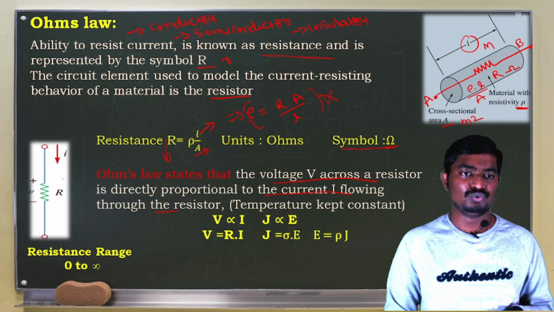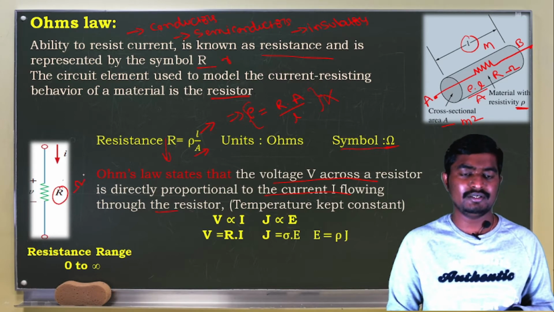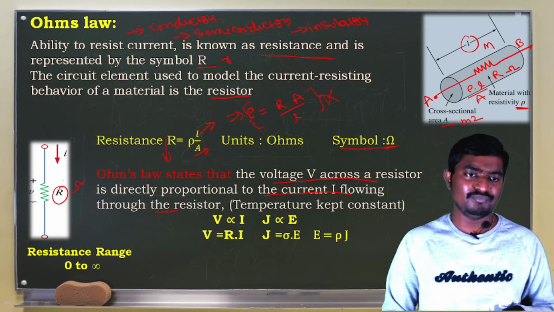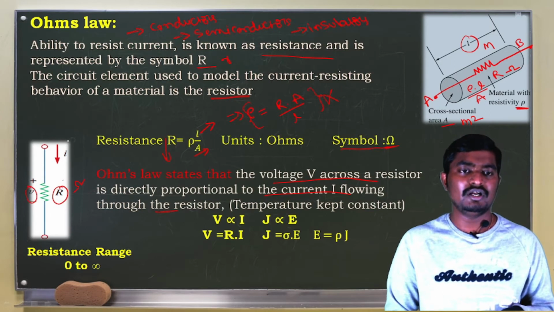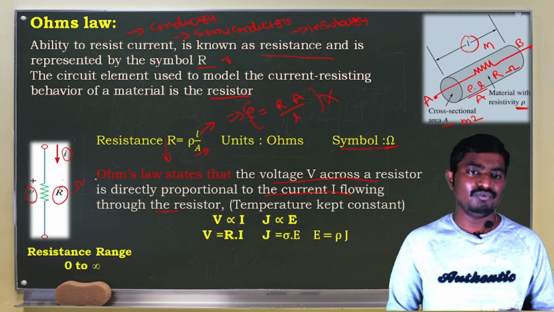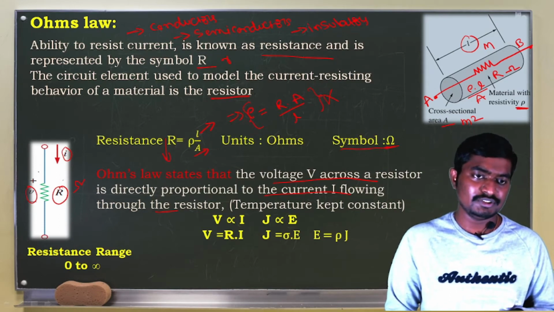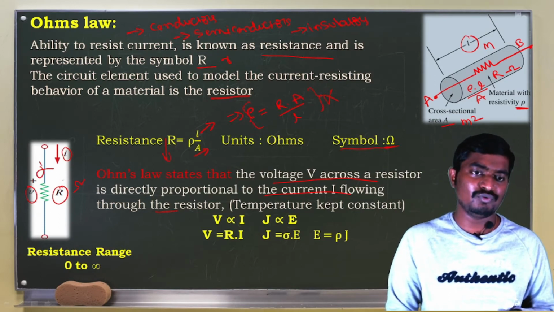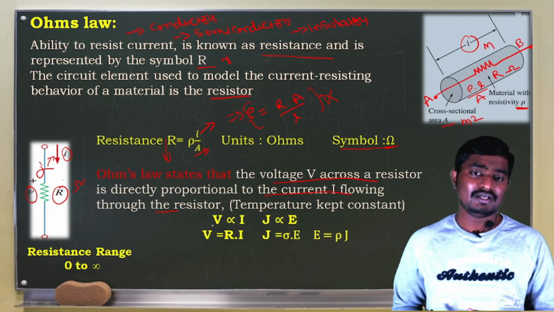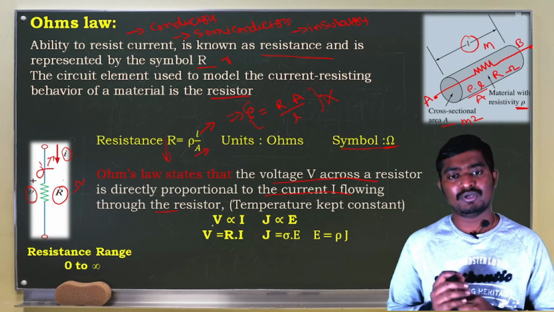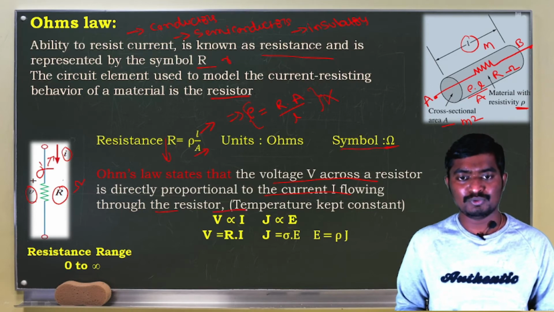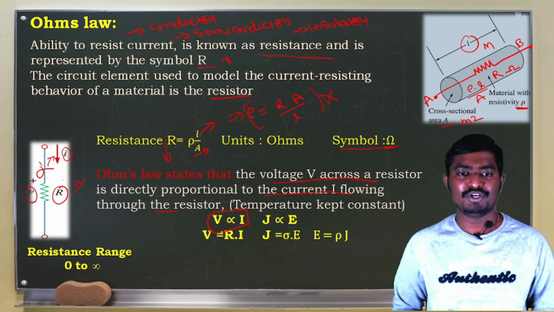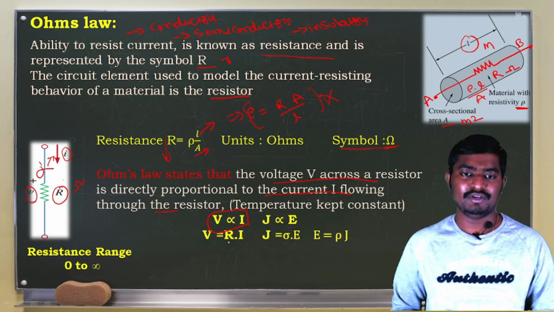This is the resistor whose value is R ohms, and the voltage across the resistor is V volts, and the current flowing through the resistor is I. So this voltage is proportional to the current flowing through the resistor, under the condition that temperature is kept constant. Voltage is directly proportional to the current. When we remove the proportionality, V equal to R into I, where R is the resistance of a material.